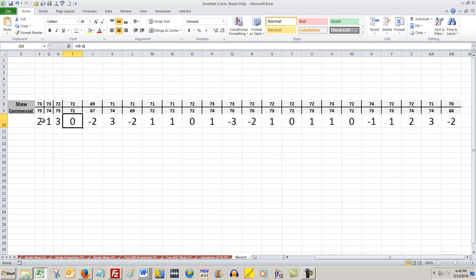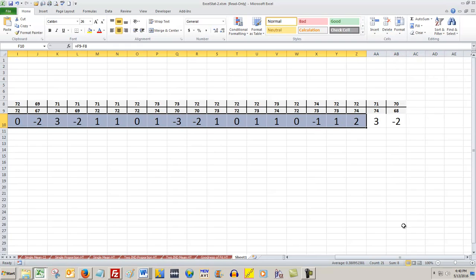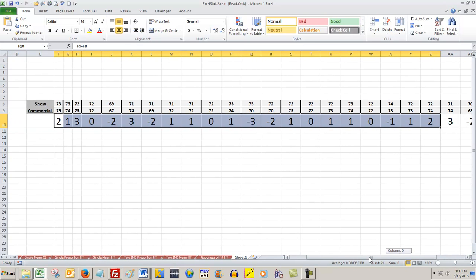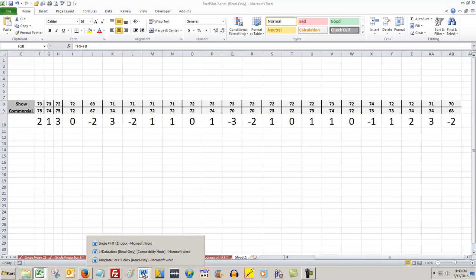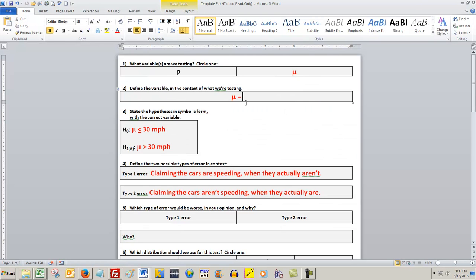So I believe this is the data we want to be looking at. So now let's think about it. If this is the data we want to be looking at, which well, we've taken the difference of the 2. So back to the template. Define the variable. The variable is going to be the difference in decibels between the show and commercial.